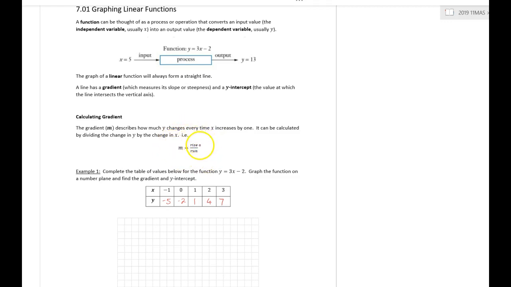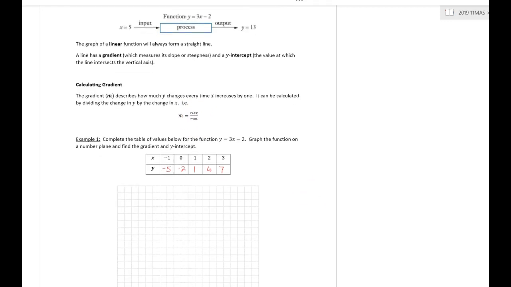We're calculating it this way: for some particular interval on this line, find how much the y increases and divide it by how much the x increases. Really what that's going to give me, when I simplify it, is how much it increases when the change in x is equal to 1.